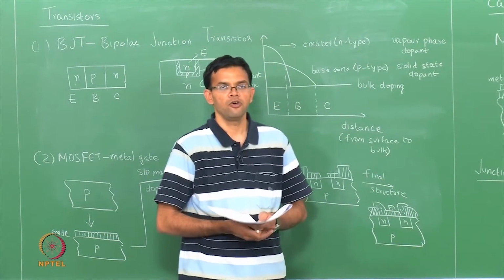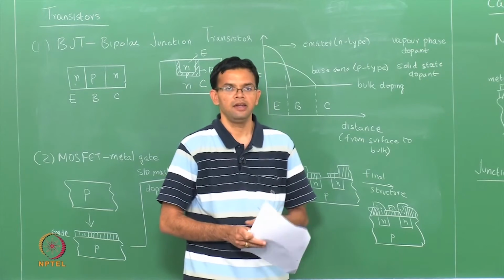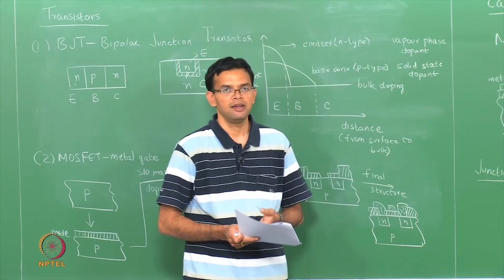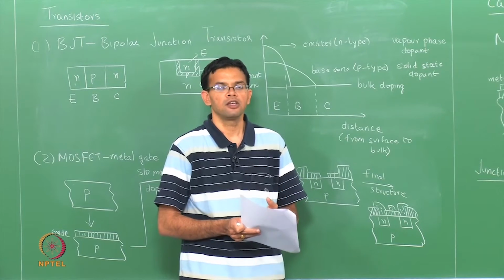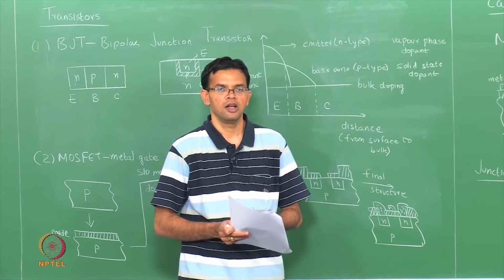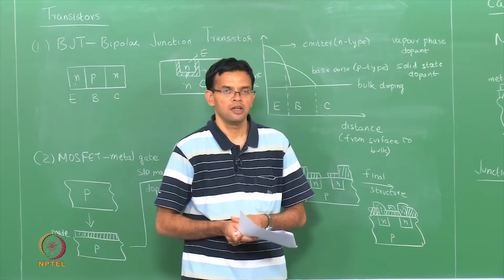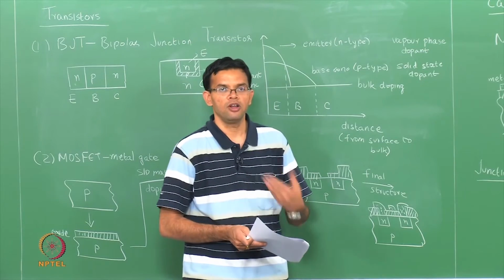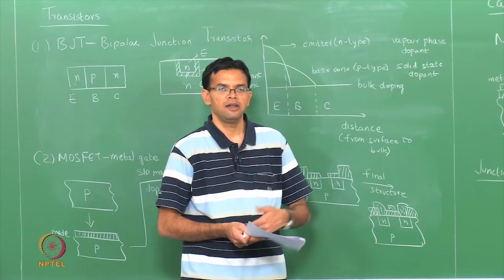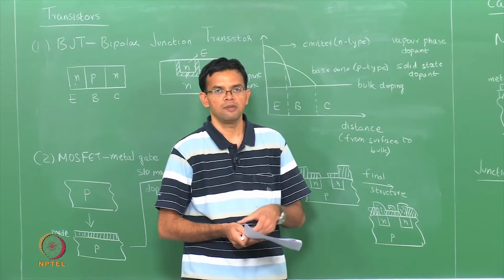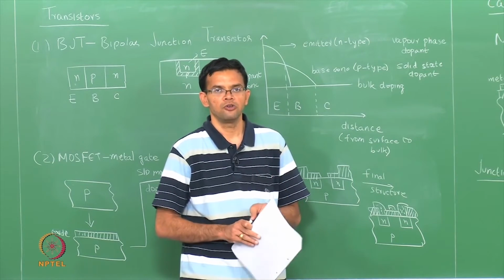The reason for having the gate at the end is that you have a metal gate and you cannot subject your wafer to high temperatures after depositing a metal. On the other hand, if you are using polysilicon, then we can pattern in such a way that the gate is deposited first and then the source and the drain.